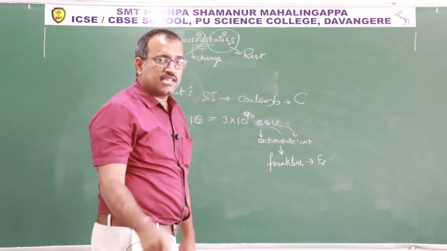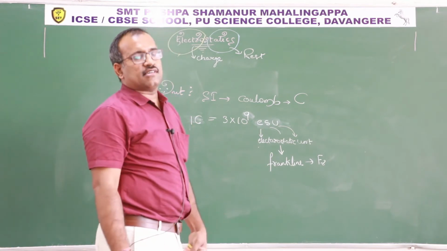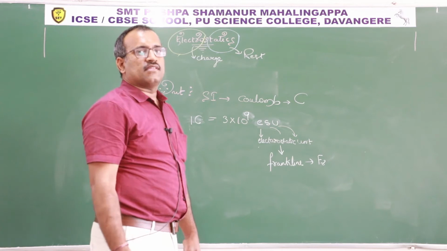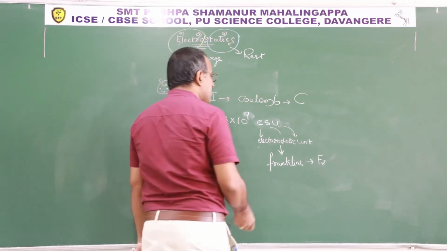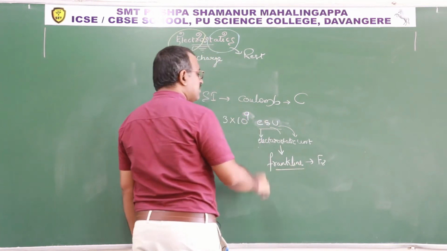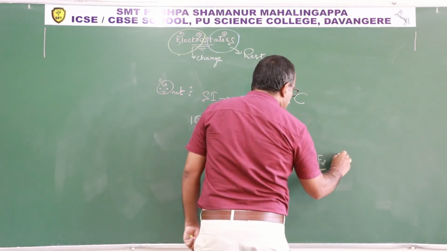And this is the smallest unit. This is the smallest unit of charge. Mind it, ESU, Franklin, is the smallest unit of charge.